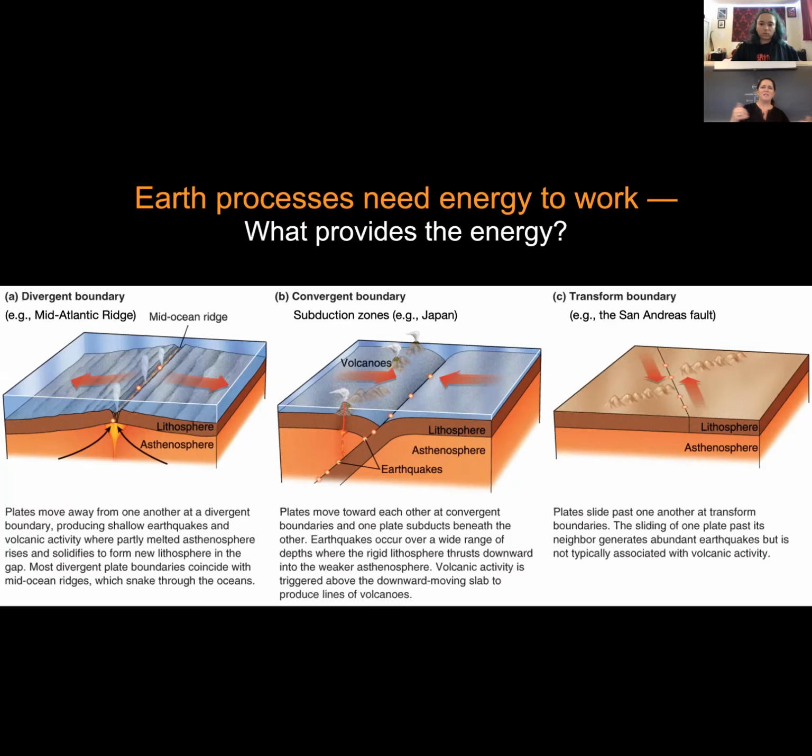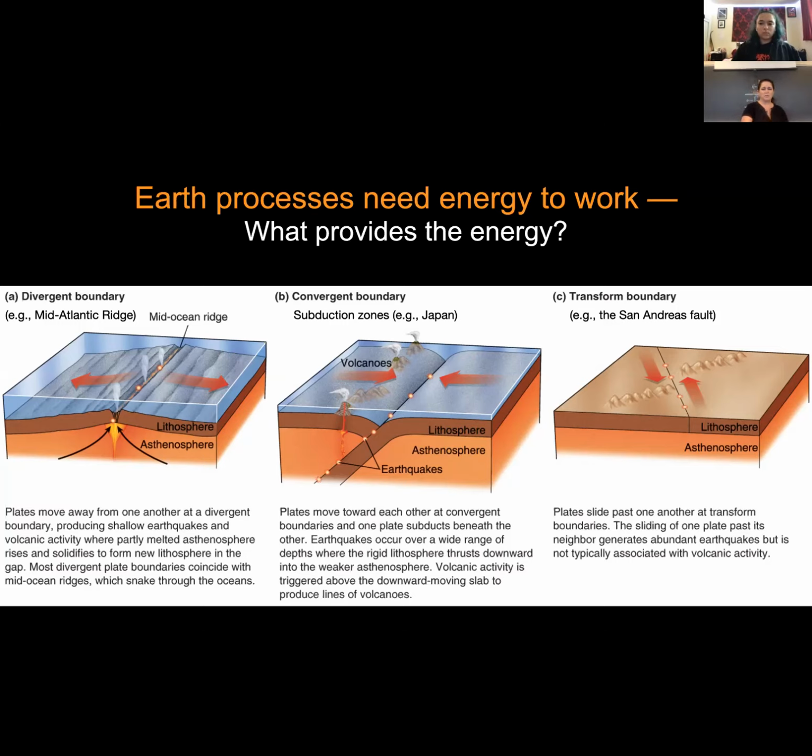It's making space for the new basalts that are forming there. That space takes the pressure off the underlying mantle just enough to allow it to melt. And that's where you get the volcanism at a mid-ocean ridge, for example.